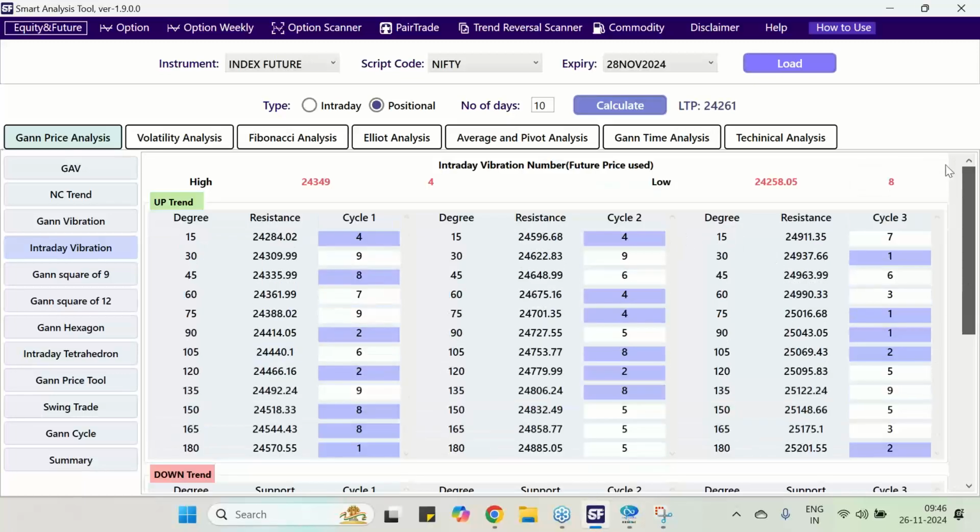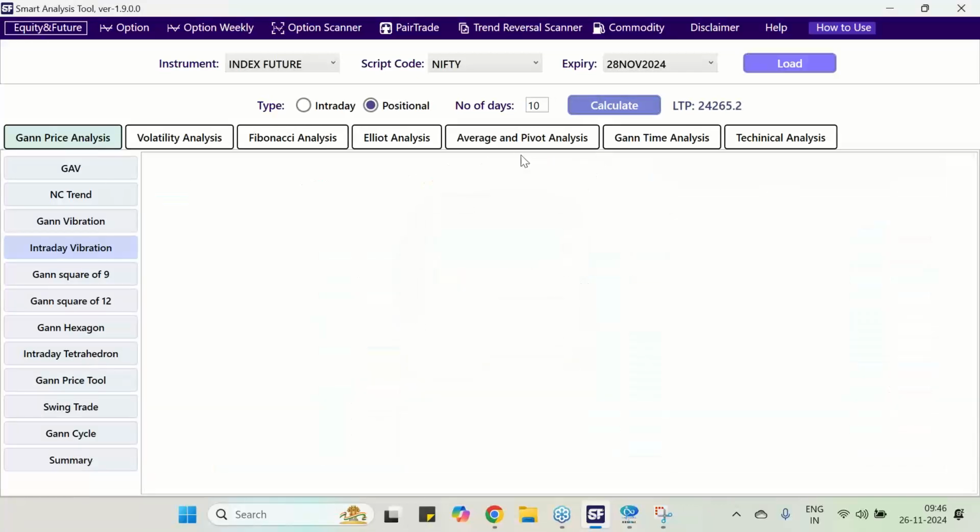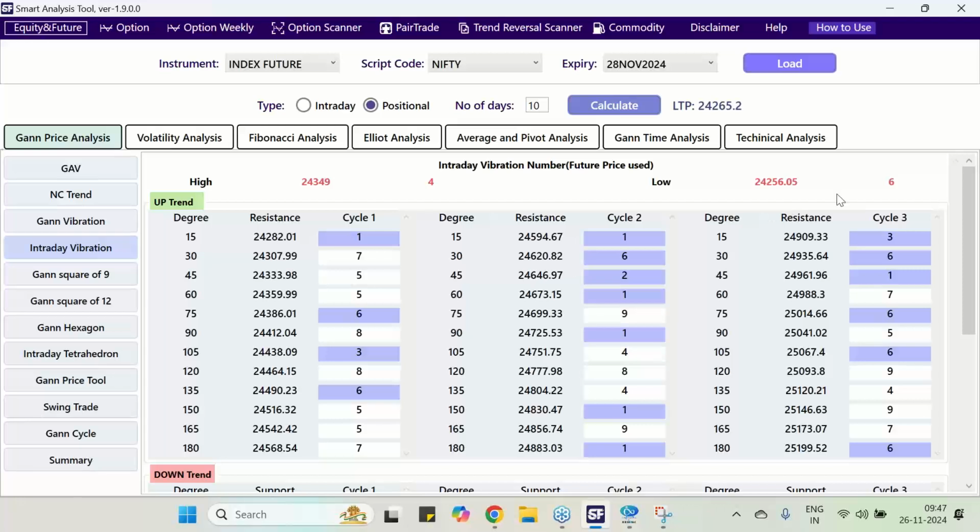Our system has taken 58. So it requires a change now, because the low changed, so the vibration number will change. Low changes means the vibration number also will change. So 56.05 now becomes 6.